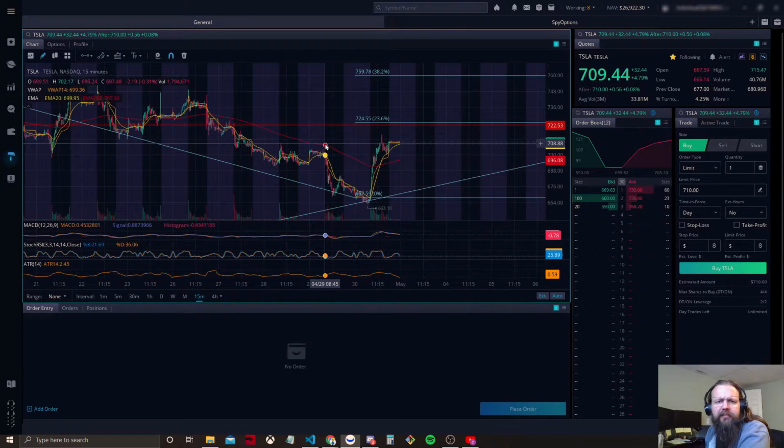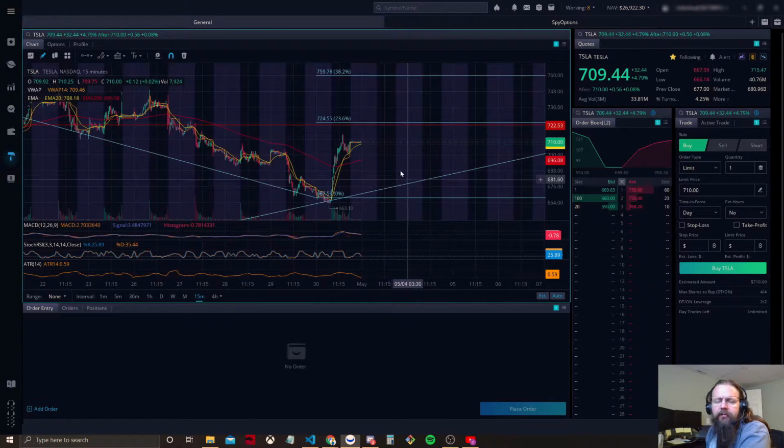But in my eyes, since it is right at and slightly above this resistance, and we're in an uptrend, it may pull back some, but I don't think it's going to break down here, personally.